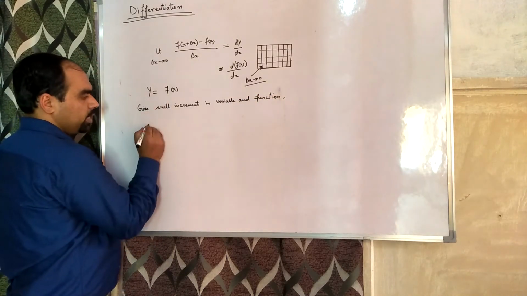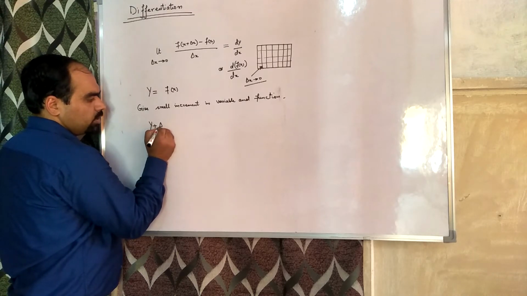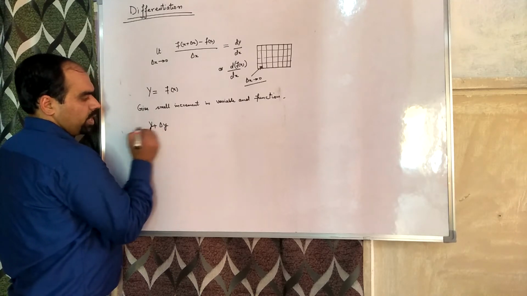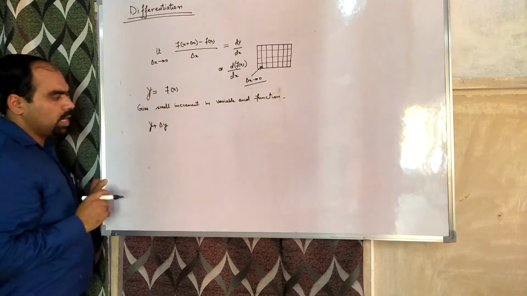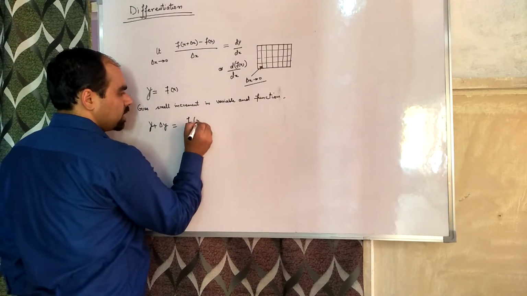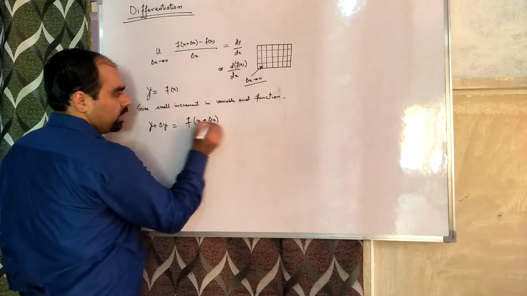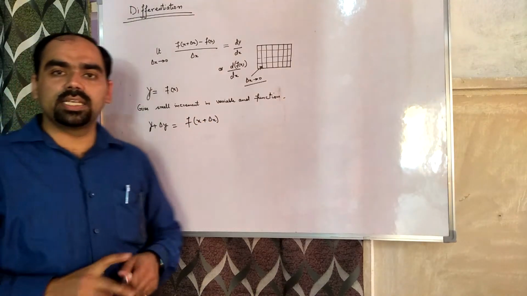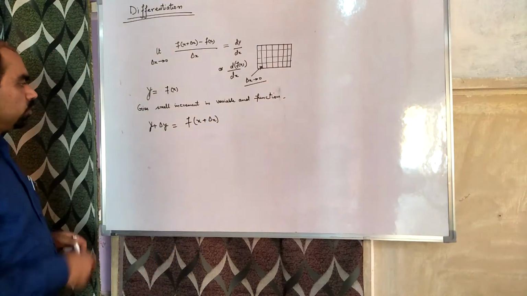So the function here is y, so we are going to give it a small increment. The small function increment is delta y, and here the variable is x, so the small increment is delta x. Delta here is representing a small change.